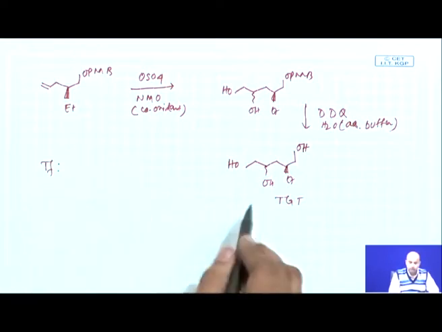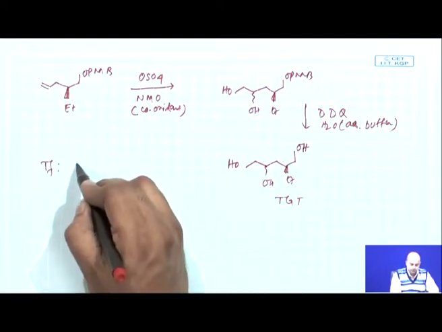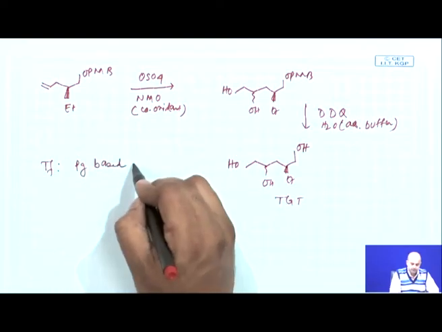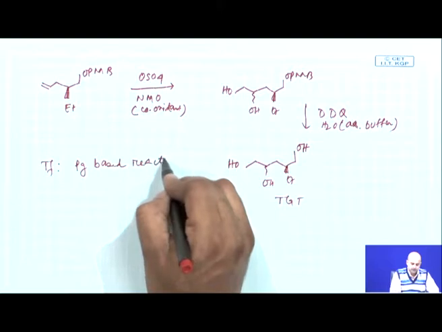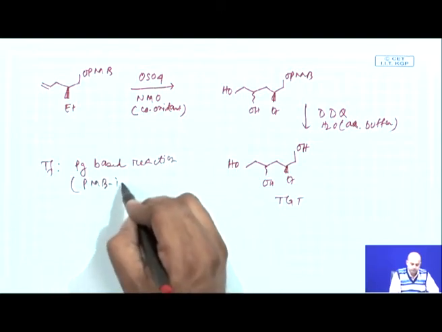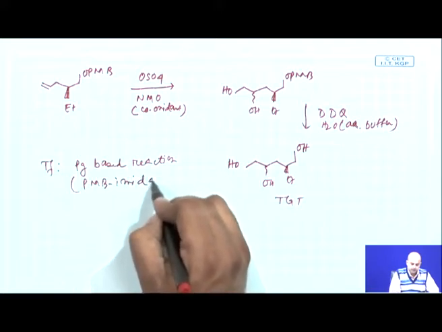So, what are the reactions we basically used here? If you try to correlate, we first did a protecting group based strategy, protecting group based reaction, and there we used a PMB imidate to take care of the stereocenter.